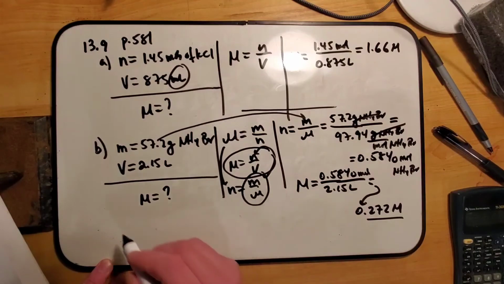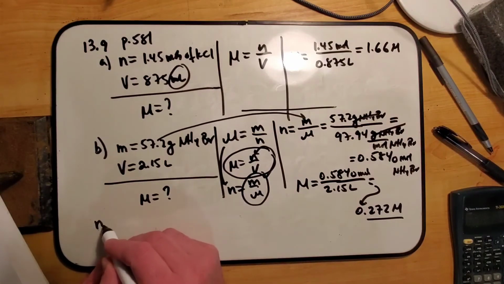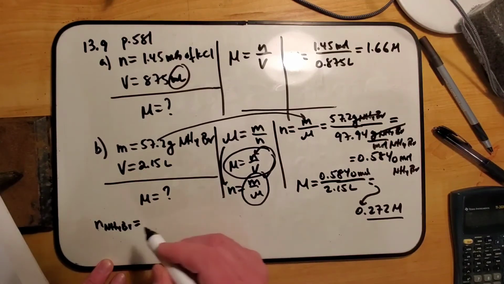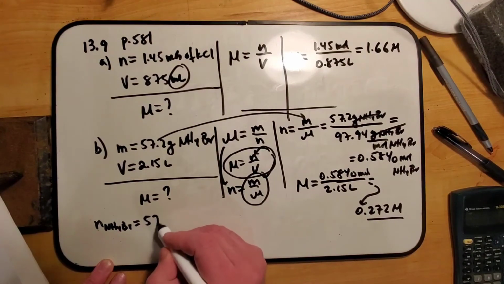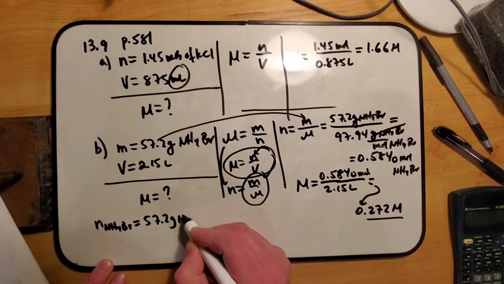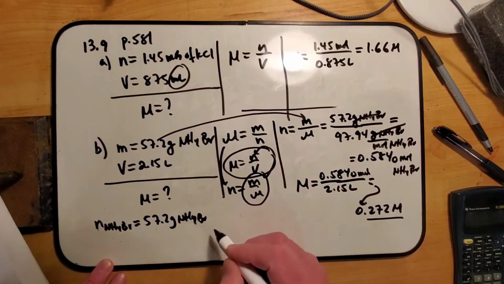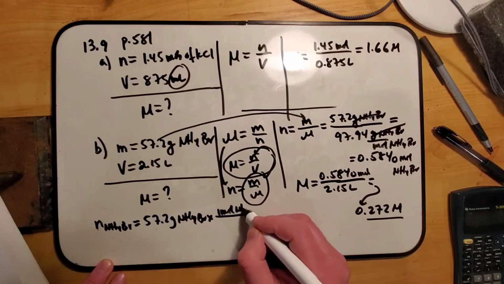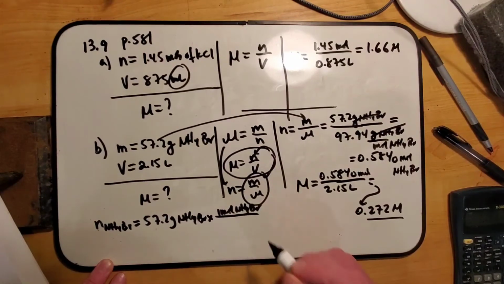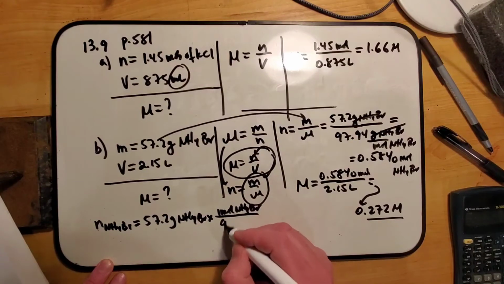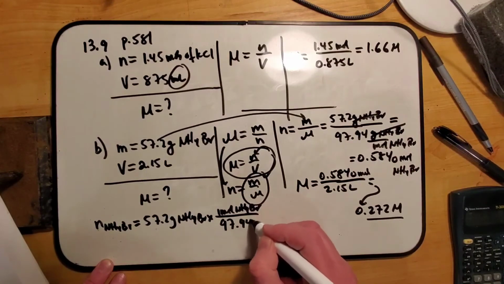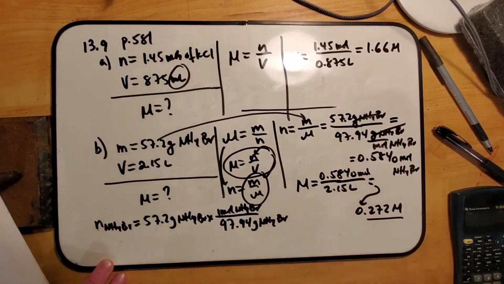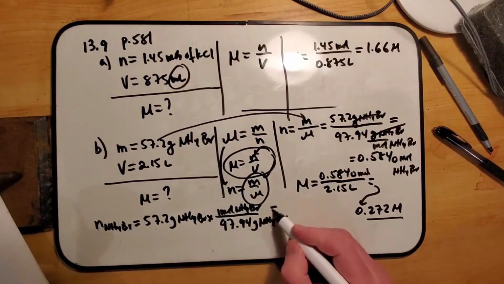Okay, so the number of moles of ammonium bromide is equal to, I'm given 57.2 grams of NH4Br times, I'm going to convert into the mole, 1 mole of NH4Br, and I will divide it by the molar mass, 97.94 grams of NH4Br. Okay, so let me get that answer.